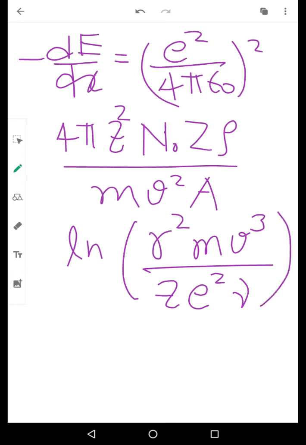So this formula is called the Bethe formula, and this is also called the classical formula.